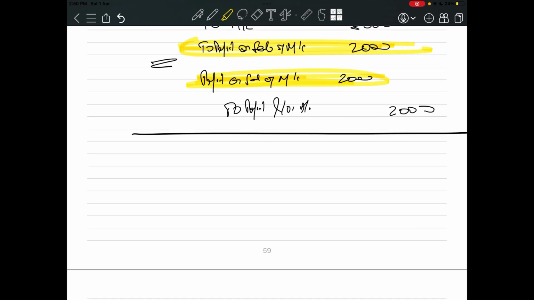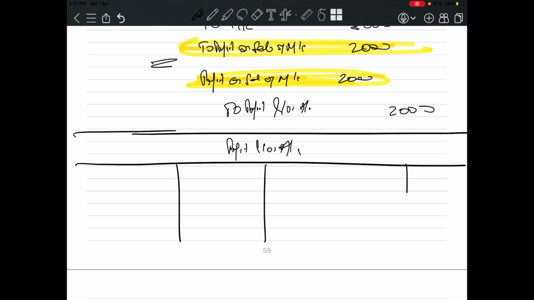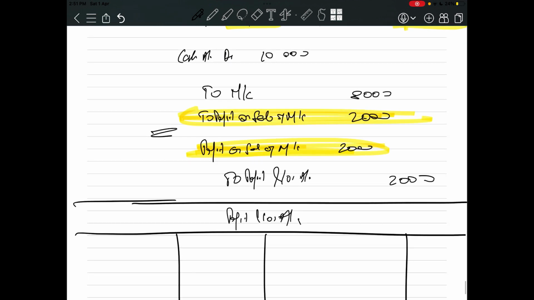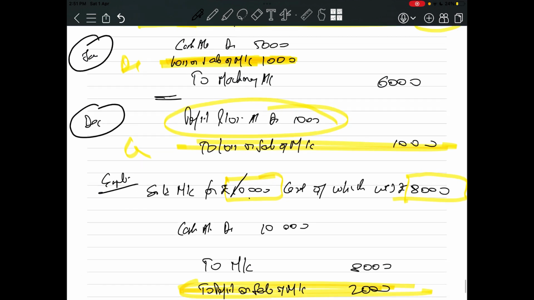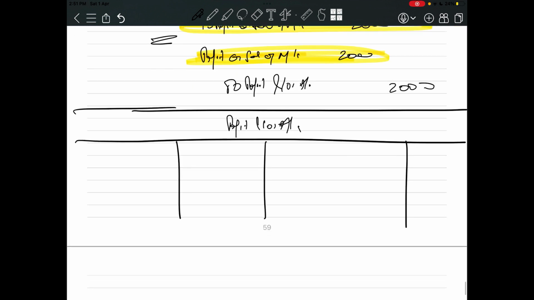Now when you prepare your profit and loss account, how will this entry be shown? The loss which you have incurred of 1,000 will be written here as loss on sale of machinery, 1,000, and the profit will be written here as profit on sale of machinery, 2,000.